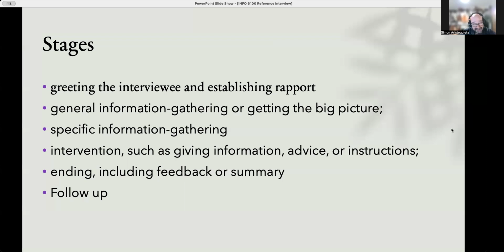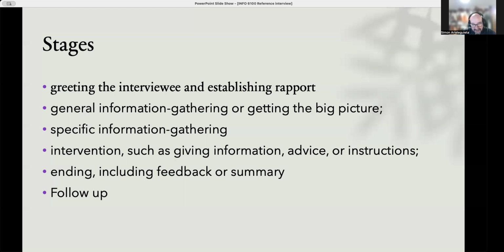To me, this is the most important function that we can have as librarians, and this is true for school or public or academic or specialized libraries. Okay.